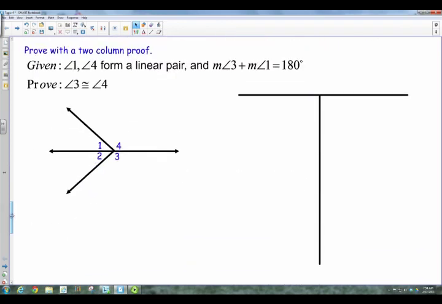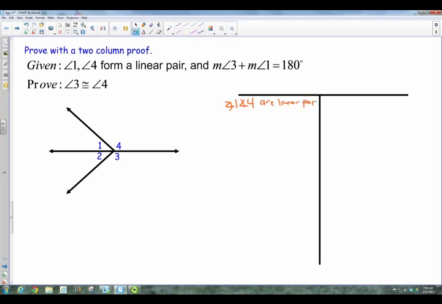On your own, pause the video, try this proof real quick, come back and see what you got. Okay, let's check it out. So we know angle 1 and angle 4 are a linear pair.